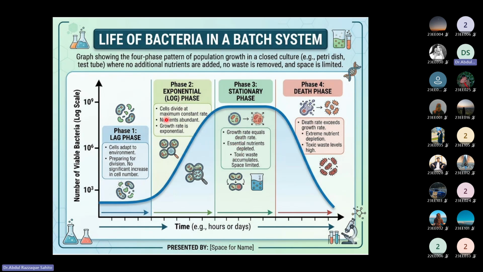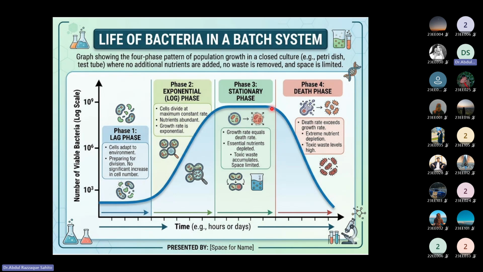In the second phase, we have an abundance of nutrients. Now the nutrients are depleted, and there might also be toxic waste accumulated. And as it is a batch reactor, we don't have much extra space available. So the space is limited, and the bacteria are under stress.